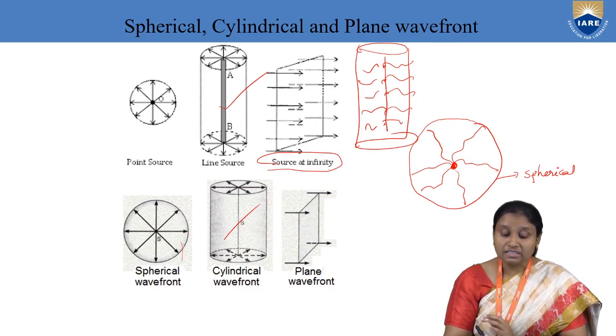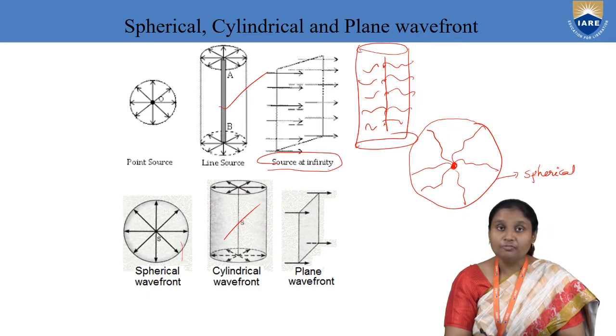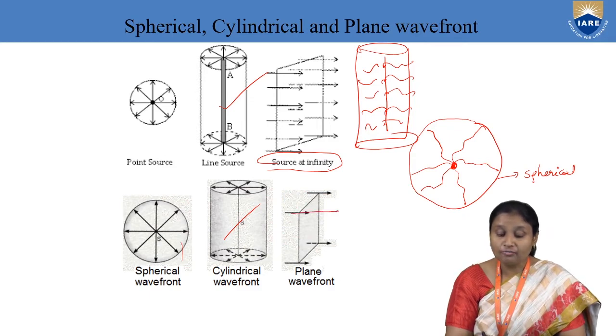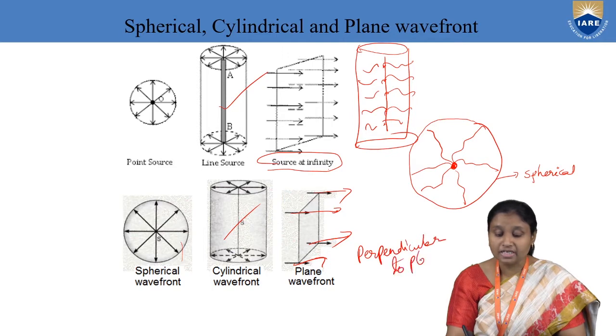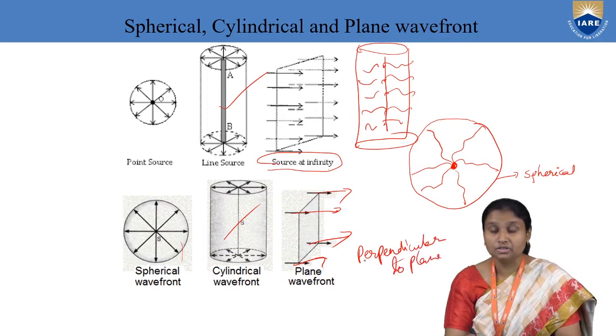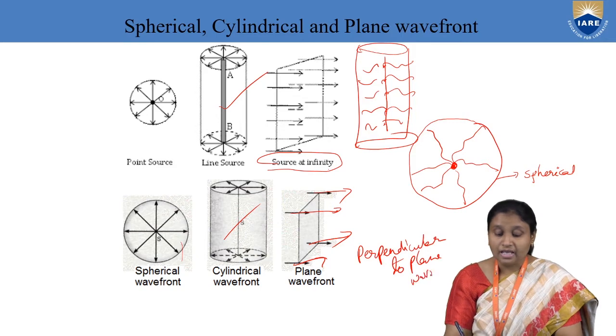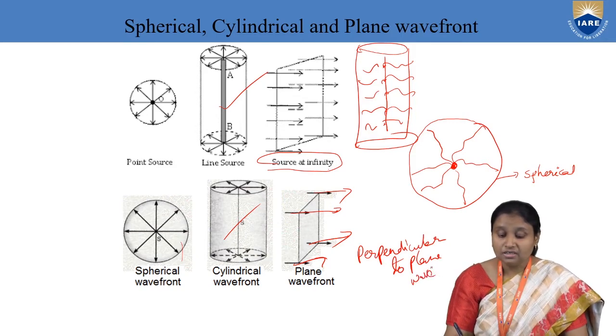And what you have to understand here is, if you take this plane wavefront, what is the direction of propagation of light? The direction of propagation of light is perpendicular to the plane wavefront. And how do we get this plane wavefront?